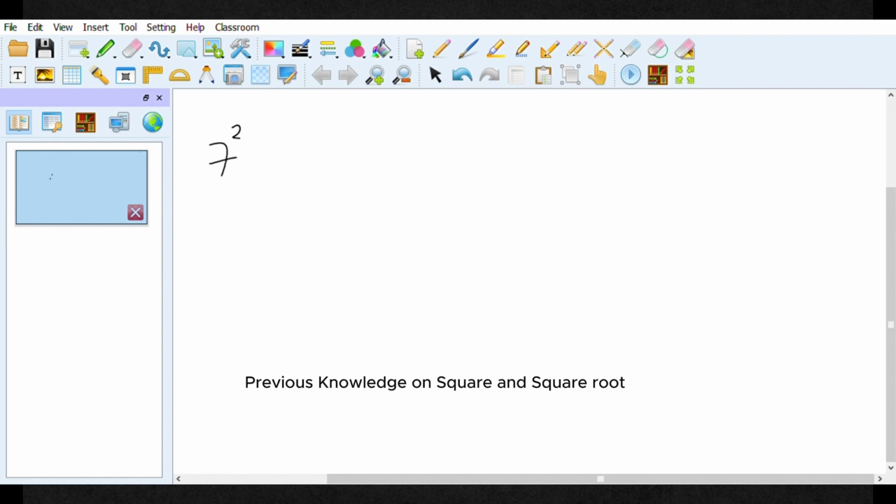The square of 7, written as 7 raised to power 2, or 7 with a small 2 at the top. We talked about this in the last class. You should understand how to write this now. This means multiply 7 by itself. So if 7 multiplies itself, we'll have 49. So the square of 7 is 49.